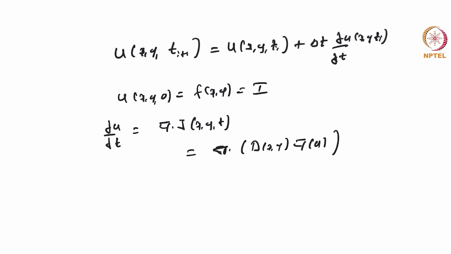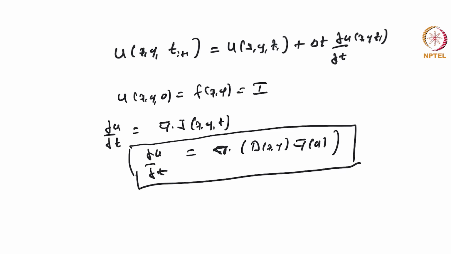So this equation, delta u by delta t, is what you solve with appropriately chosen D, capital D. Given this, we can go ahead and solve this.